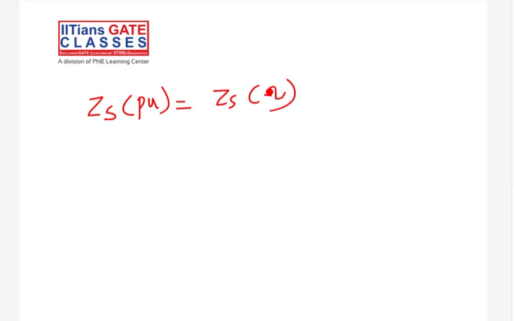Z secondary in ohm divided by Vs square into P, right?